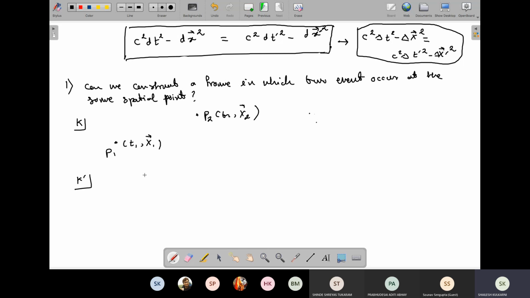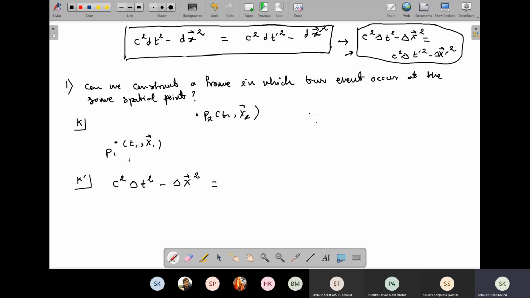What we want is a frame in which two events occur at the same spatial point. So now you consider this expression, c square delta t square minus delta x square, where delta x is vector x2 minus vector x1, is equal to this quantity c square delta t prime square minus delta x prime square.